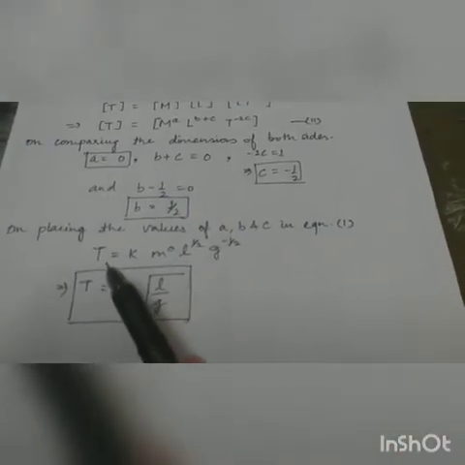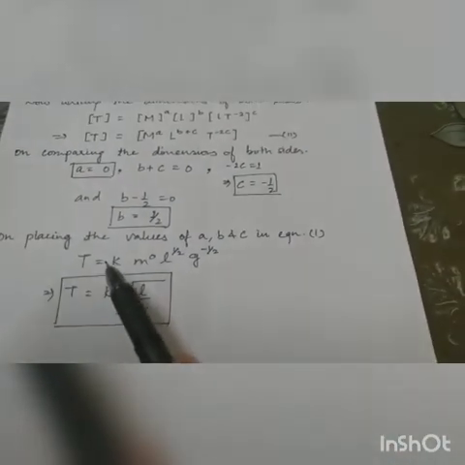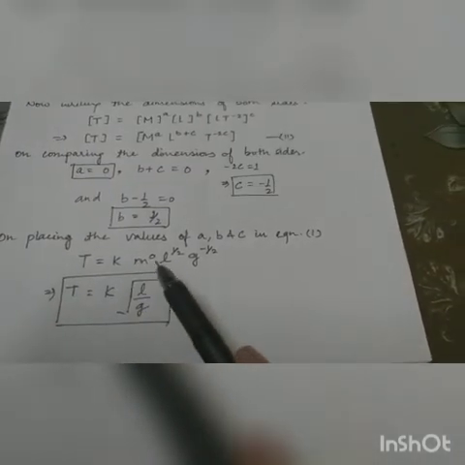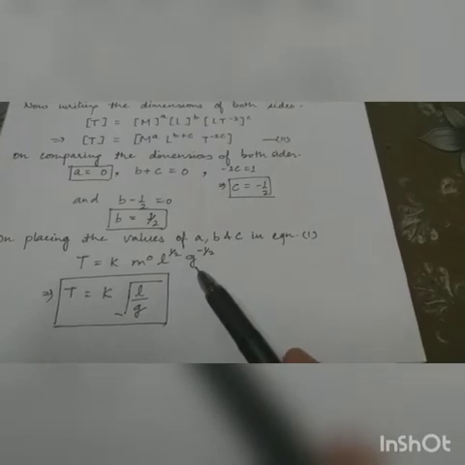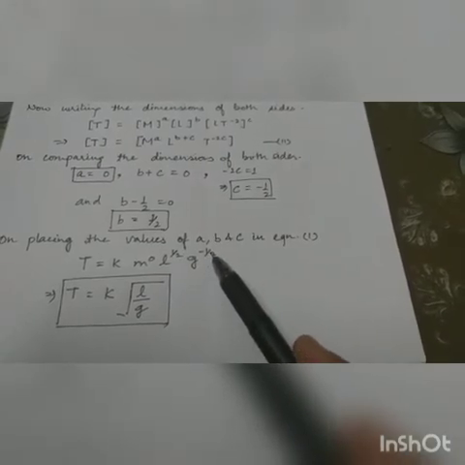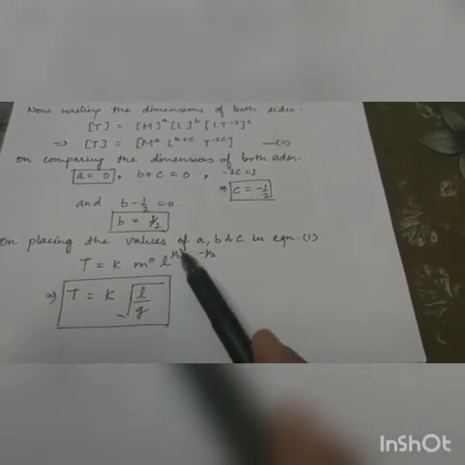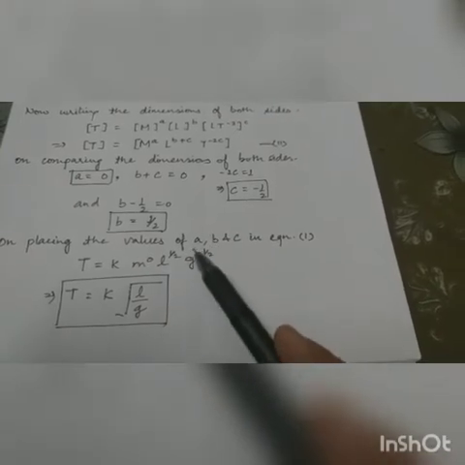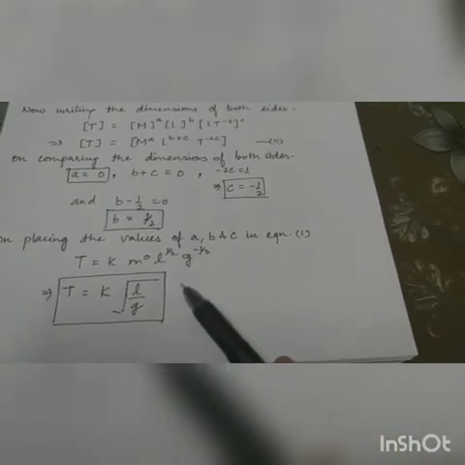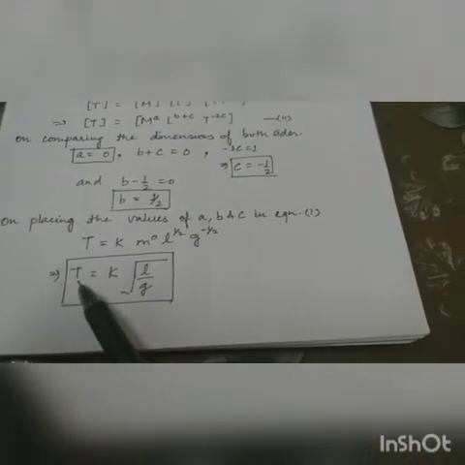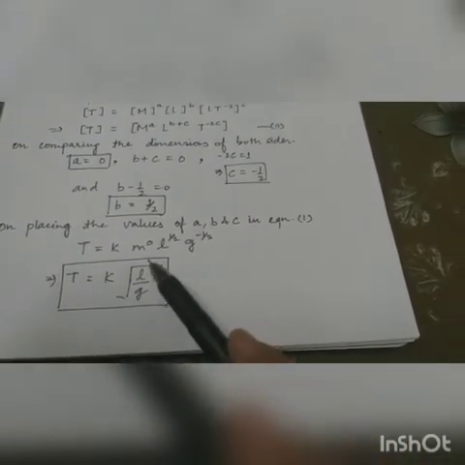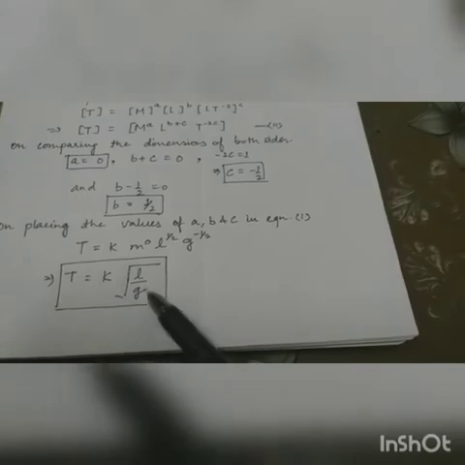After placing the values, we get t is equal to k, m raised to power 0, l raised to power 1 by 2, g raised to power minus 1 by 2. Power 1 by 2 means square root. Power minus 1 by 2 means first it should be taken to the denominator, then square root. So the formula becomes t is equal to k under root l by g.